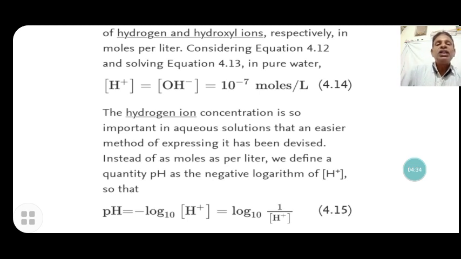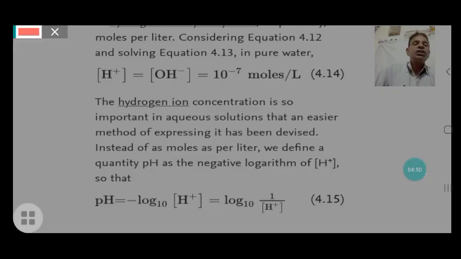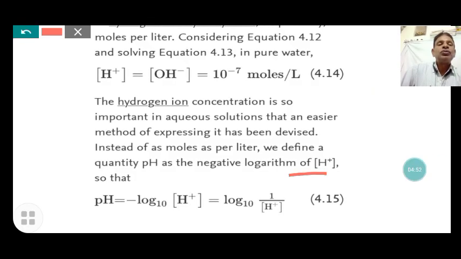We define a quantity pH as the negative logarithm of the hydrogen ion concentration. So pH is equal to minus log base 10 of the hydrogen ion concentration. If you take the log here, we get the pH value of a solution.